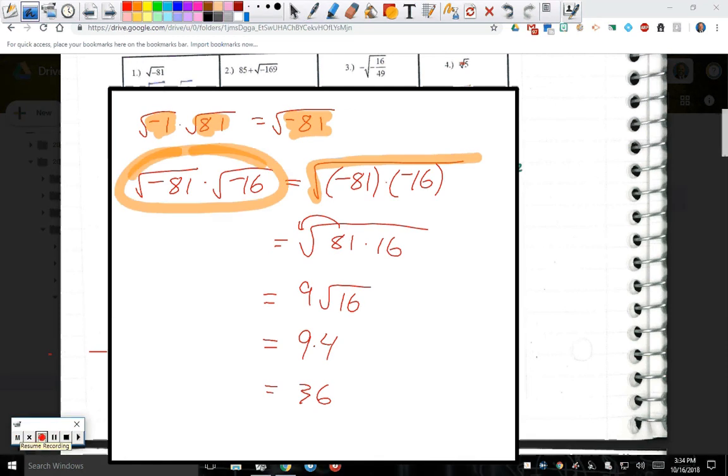Okay, so if you put this into the calculator and you get a negative 81 times a negative 16, the calculator gives us a negative 36. If you punched it in there correctly, it gives you a negative 36. Now, this is non-real calculation.